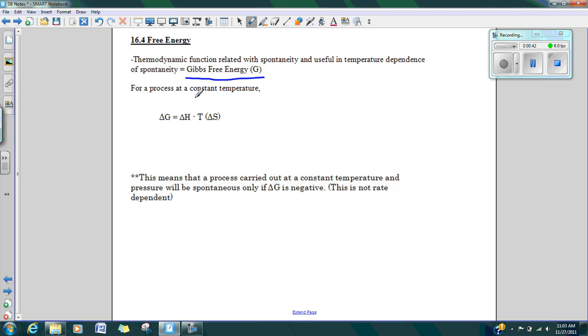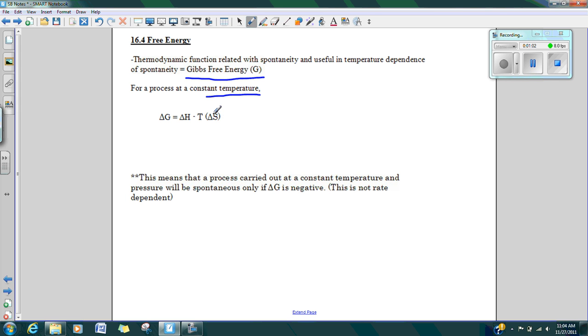So if we have a process at constant temperature, he found and developed this little equation here. Our change in G, which is our change in Gibbs free energy, is equal to our change in enthalpy, subtracting the temperature times the change in entropy.